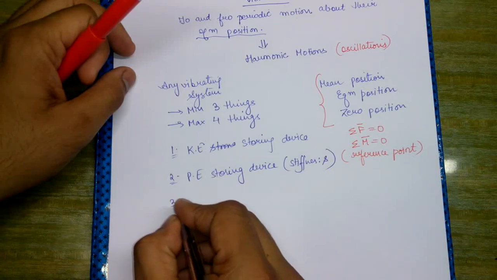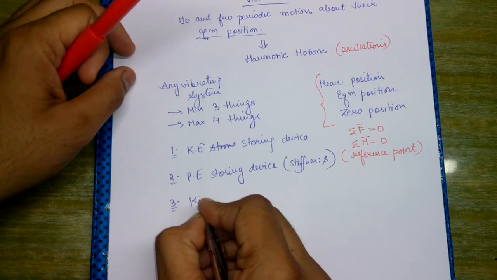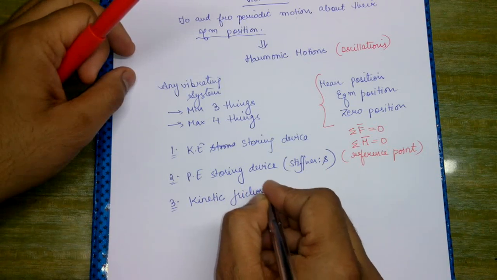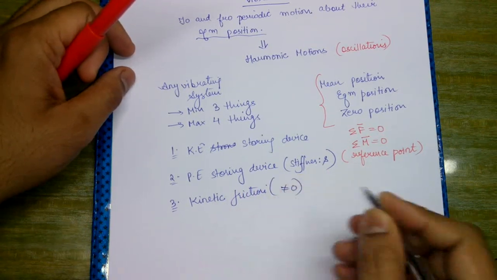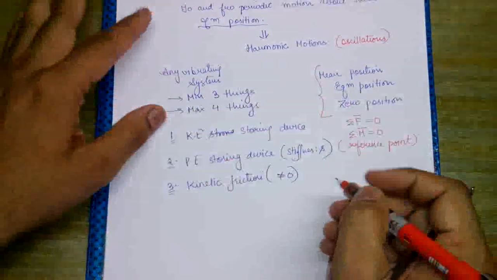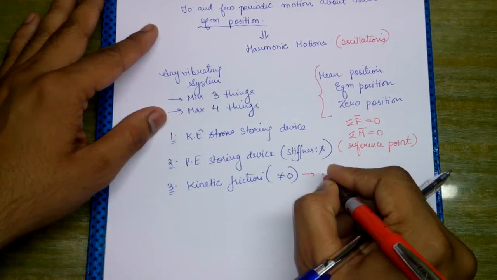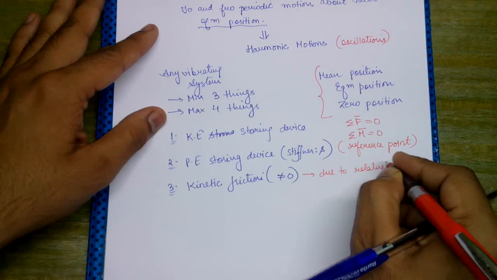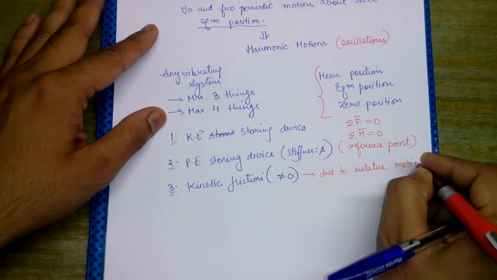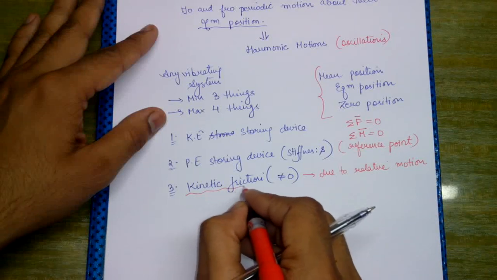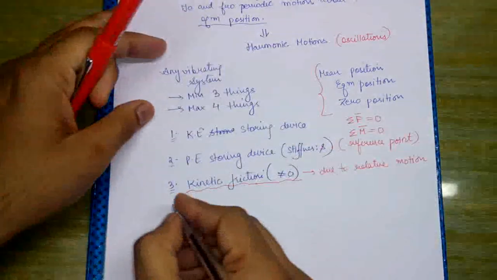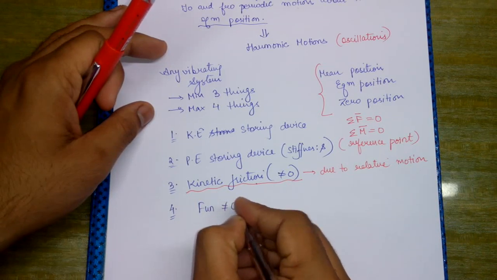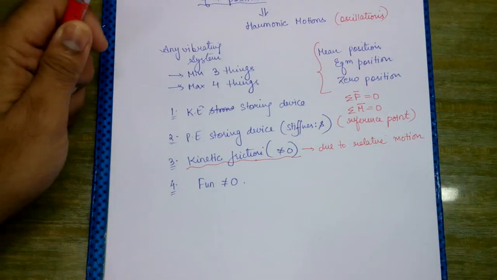Okay, then we have kinetic friction, such that it is not equal to 0, and the reason why it is not equal to 0 is simply because of relative motion. Okay, due to relative motion the kinetic friction is still not 0. The fourth is that unbalanced forces are not equal to 0.